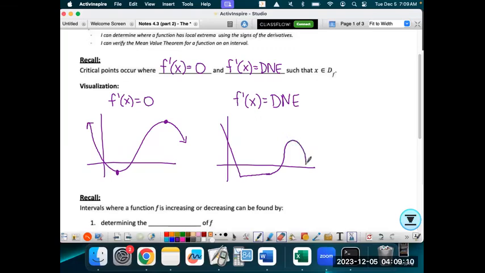Or cusps. Really make sure that that vertical tangent looks like a vertical tangent. There we go.